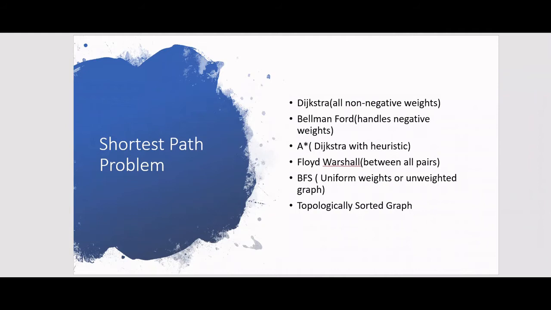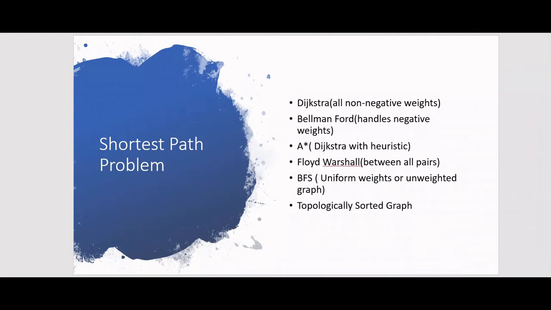And since it is sorted, you will never be coming back to the previous point, and you can do shortest path search very efficiently here, even faster than Dijkstra, which is like linear time. So you need to remember all these points when you are facing an interview, all these points have to be kept in mind.